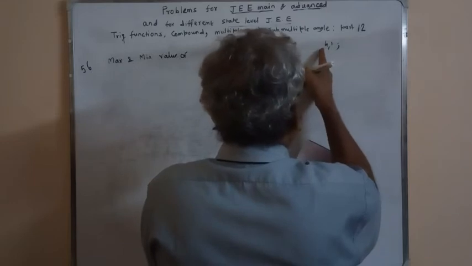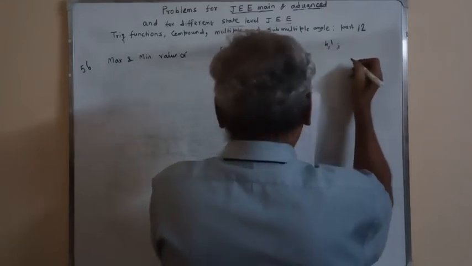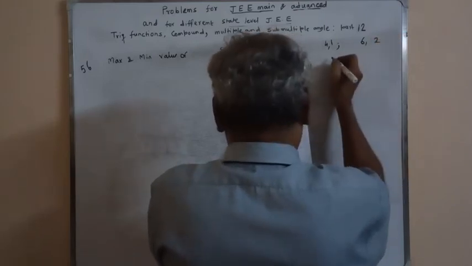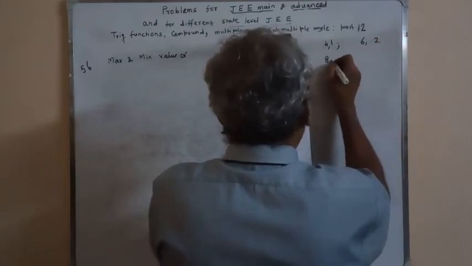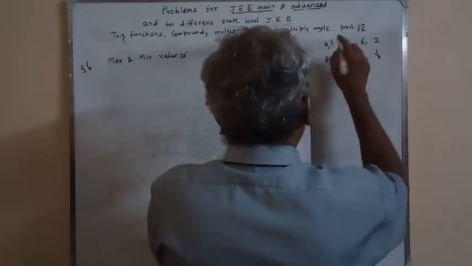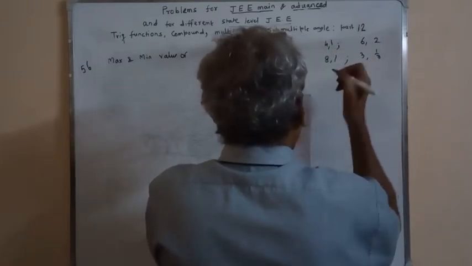This is the maximum value, this is the minimum value. Second option 6, 2. Then 8, 1. Then 3, 1 by 3. So these 4 are options.